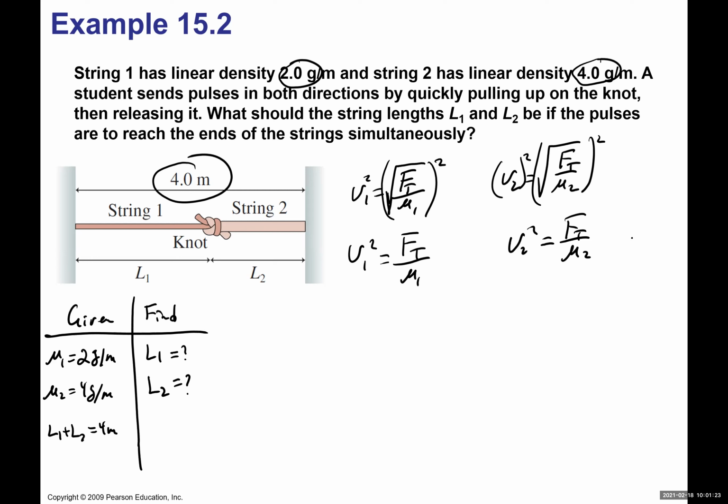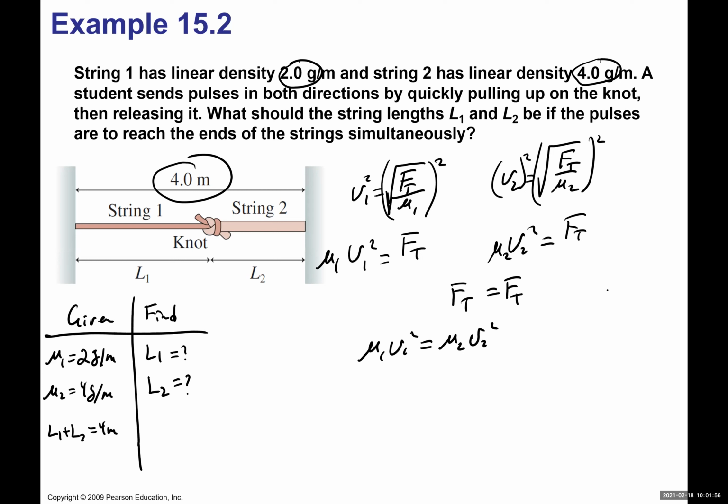F_T is the same for both of them, so if I move mu1 over here, F_T equals mu1 times v1 squared, but it also equals mu2 times v2 squared. That means I can say mu1 v1 squared equals mu2 v2 squared.